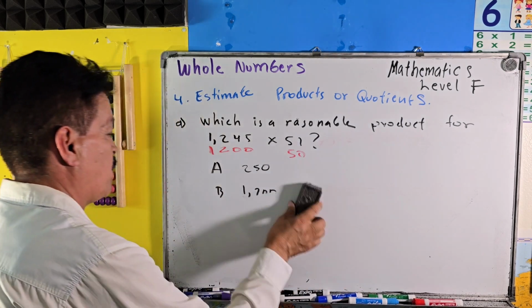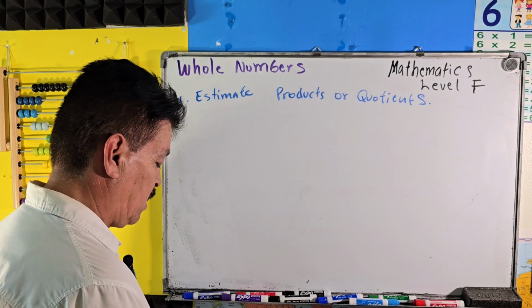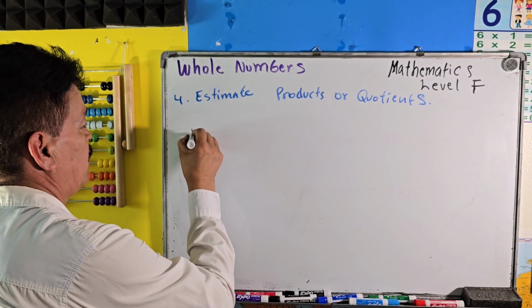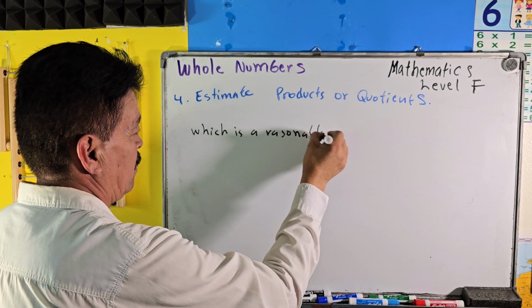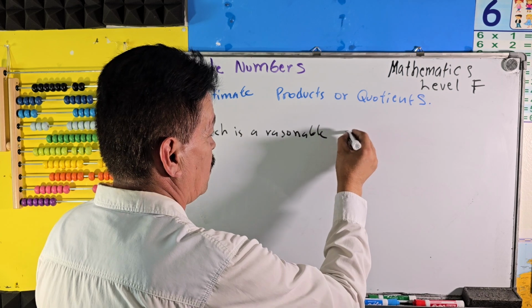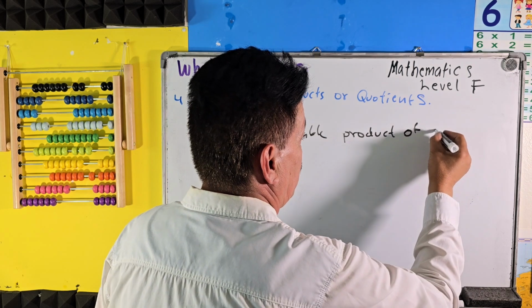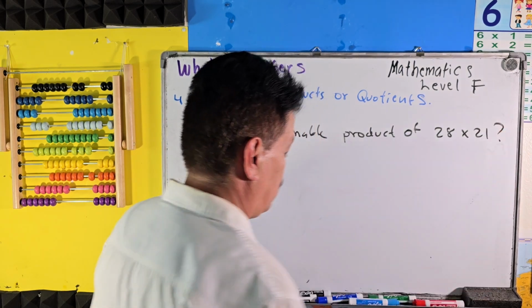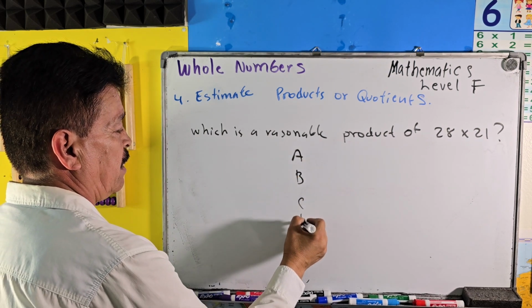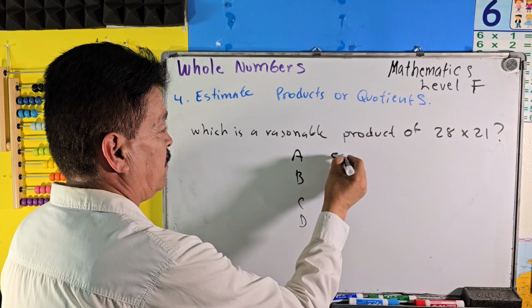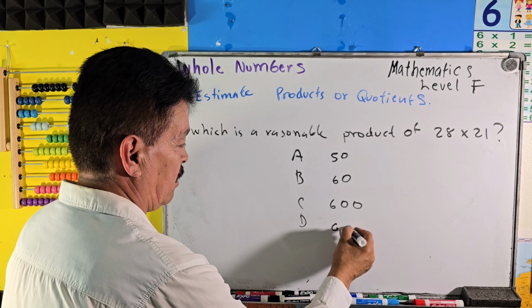Let me write one more question here. Which is a reasonable product of 28 times 21? And then we have four possible answers, A, B, C, D. First one is 50, second one 60, then 600, and then 6,000.